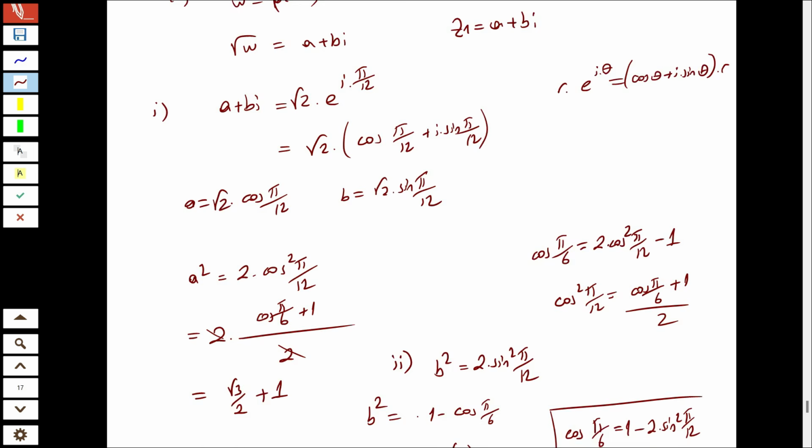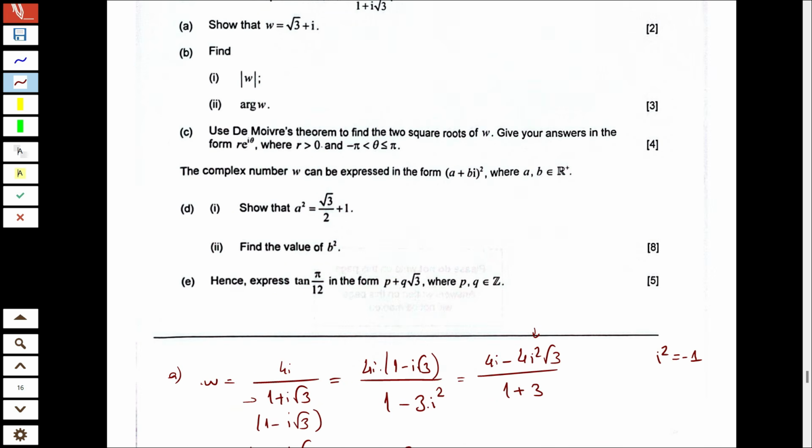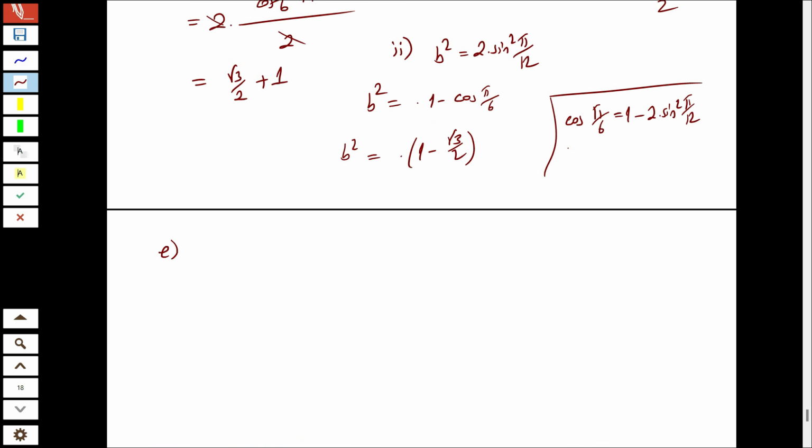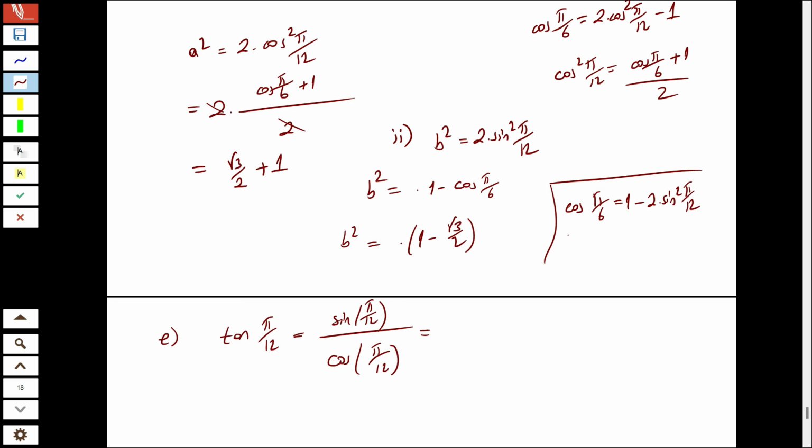Okay. Yeah. The next question is, hence express tangent pi over 12 in the form. Okay. I know that tangent pi over 12 equals sine pi over 12 divided by cosine pi over 12. And we found these, and we can, for example, write in here, I will write a bit down.